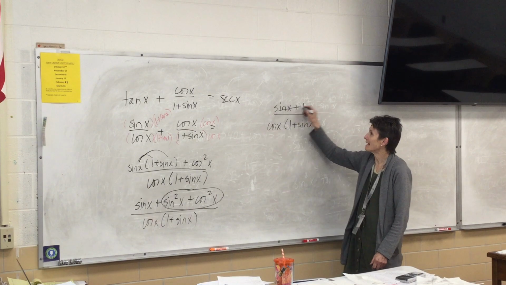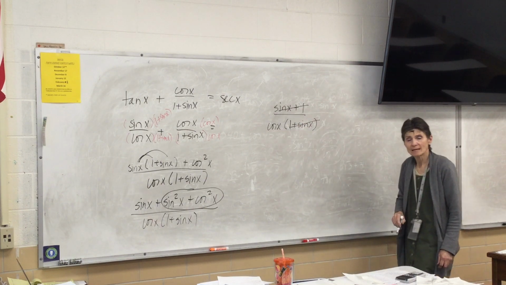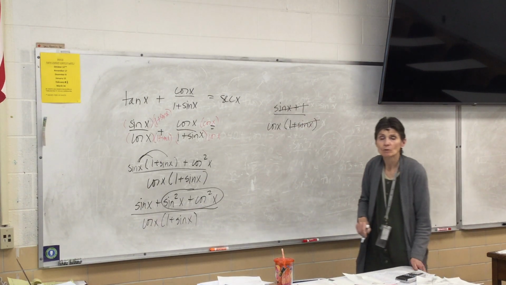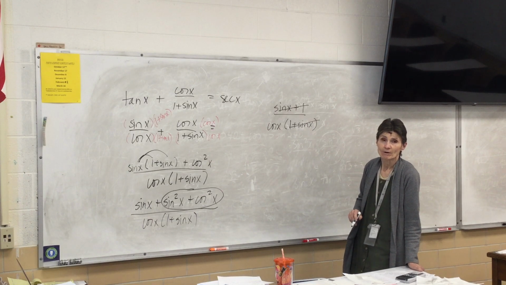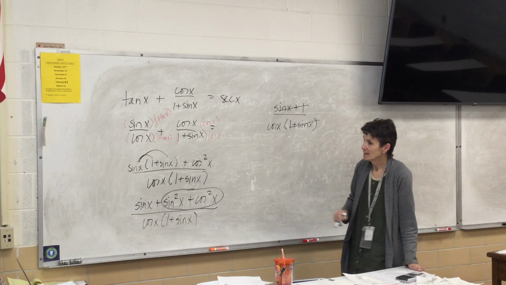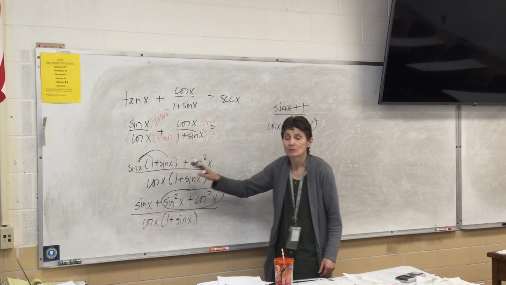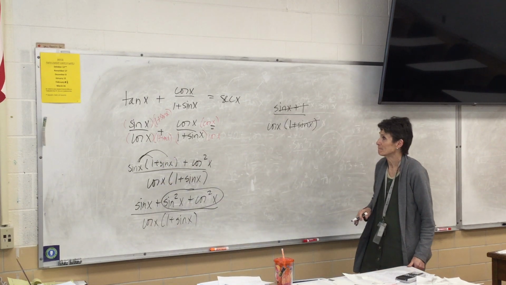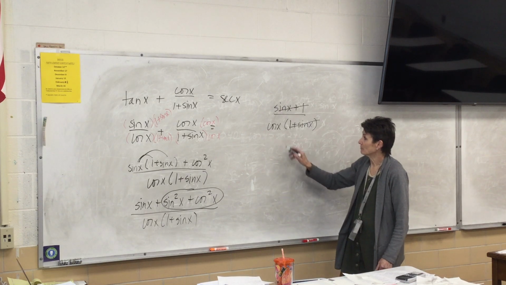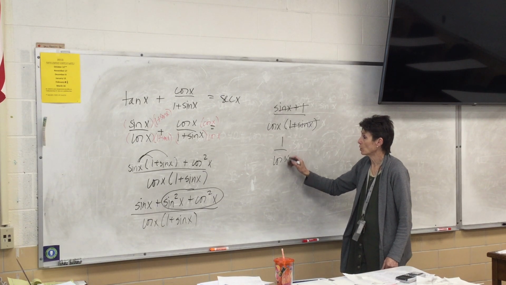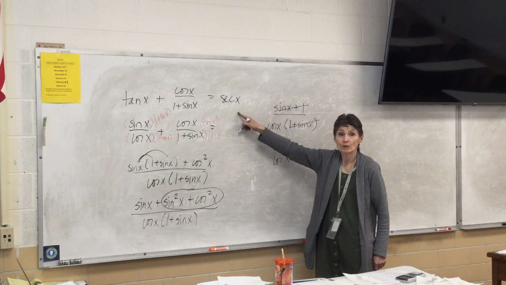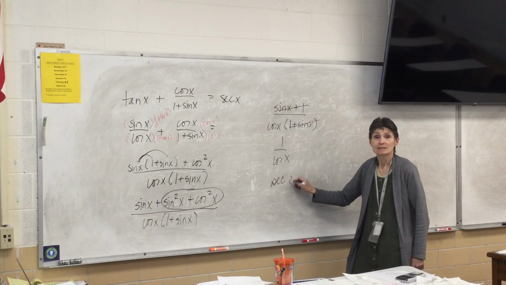Now, kids, you can cancel, because remember what I said? You have to be able to cancel the whole thing. And you are. You're canceling the whole thing, not just part of it. So what am I left with? 1 over cosine, which, oh my gosh, 1 over cosine is secant.